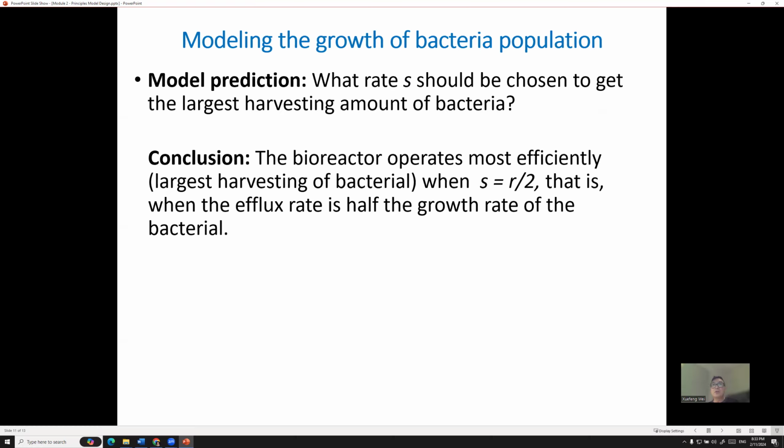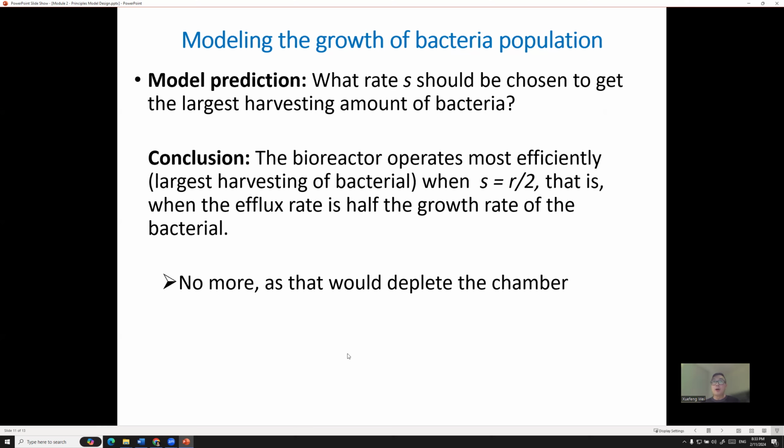So when S equals half the growth rate of bacteria, the bioreactor will reach the largest harvest rate. The largest harvest rate at steady state means you can keep this going forever.